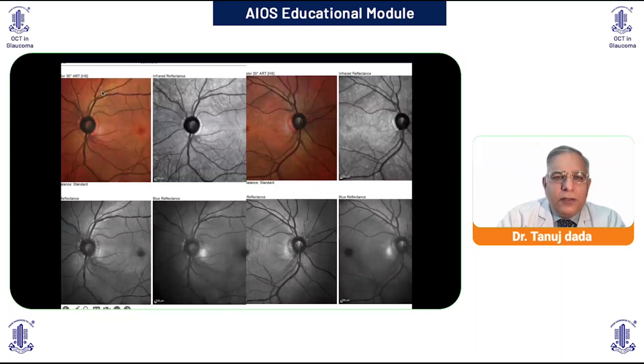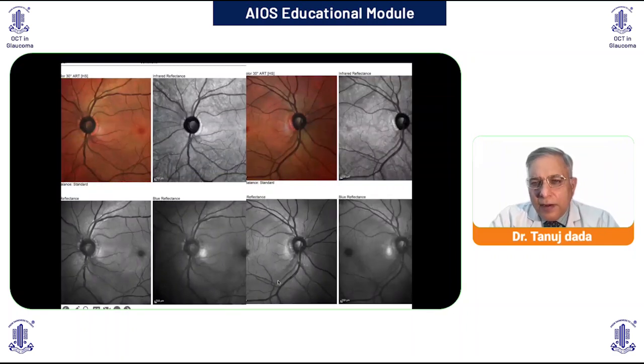Again, examples of the multicolor image in patients where the defect was not visible very nicely on the fundus photograph. But here you can see on the green reflectance and the blue reflectance filters, the RNFL defect has become visible. And here you can see a very narrow RNFL defect which has become visible on the multicolor image.